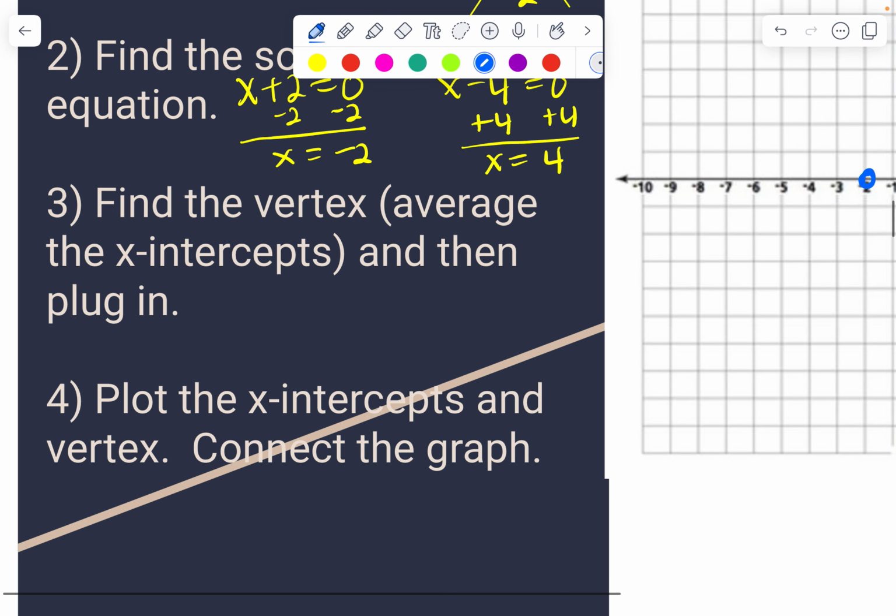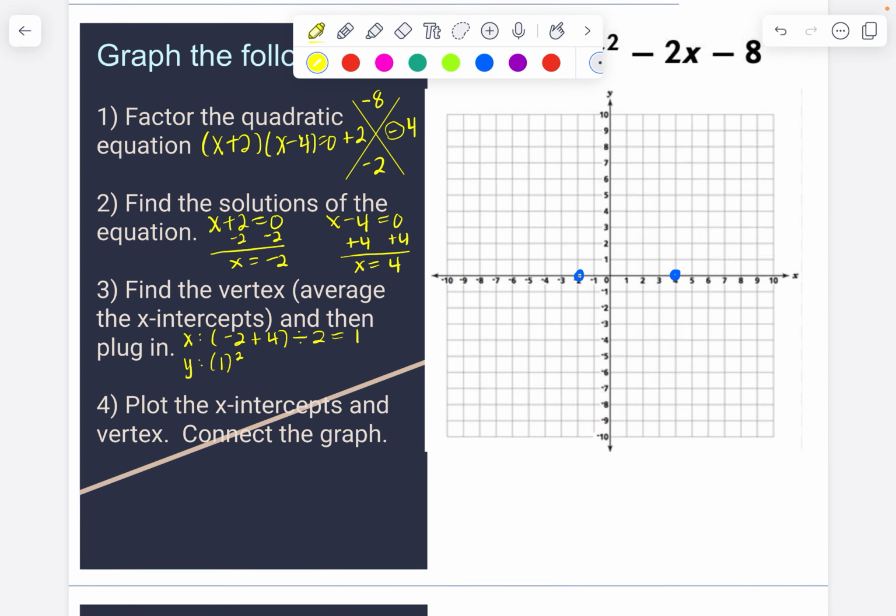Now to find the vertex, I'm going to find the average of my x-intercepts, negative 2 plus 4 divided by 2. And that gives me 1. For my y value, I'm going to plug it into my original equation. So instead of x squared, I'm going to have 1 squared.